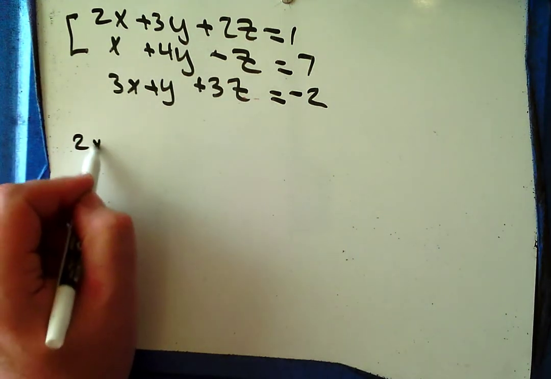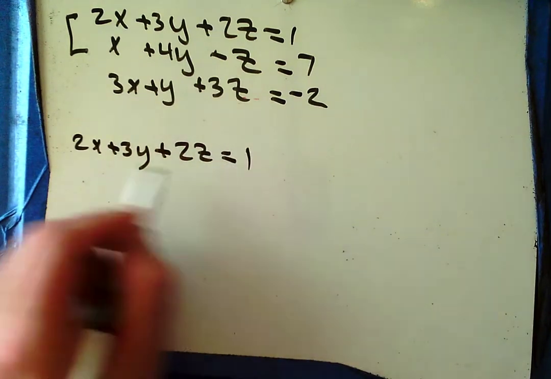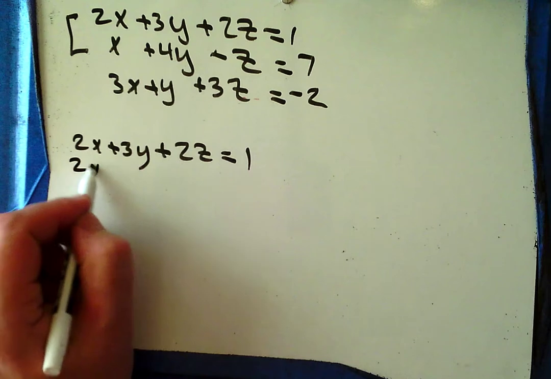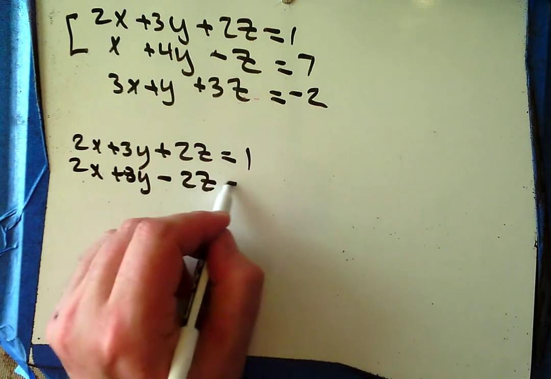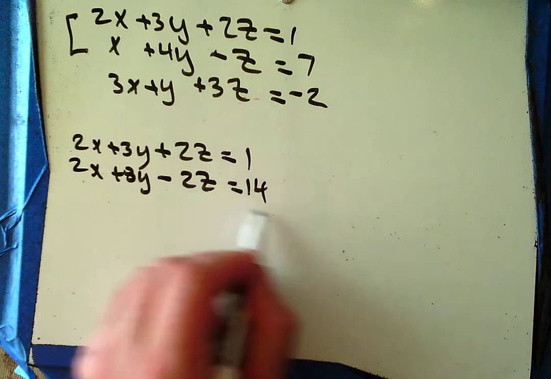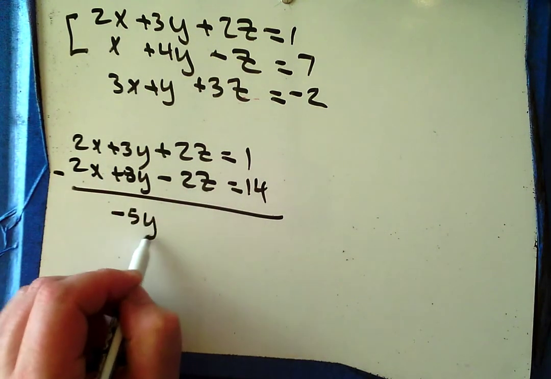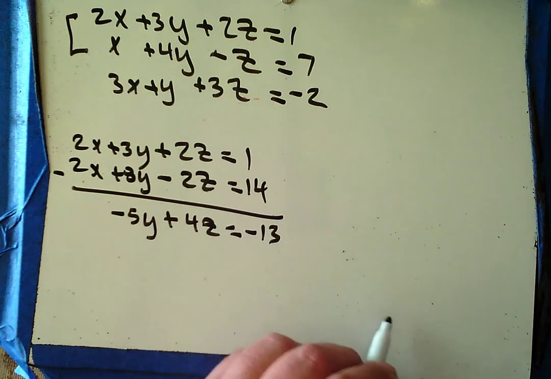So 2x plus 3y plus 2z equals 1. And then I'd have to multiply everything here by 2. 2x plus 8y minus 2z equals 14. And then I would subtract, and I would get negative 5y plus 4z equals negative 13.